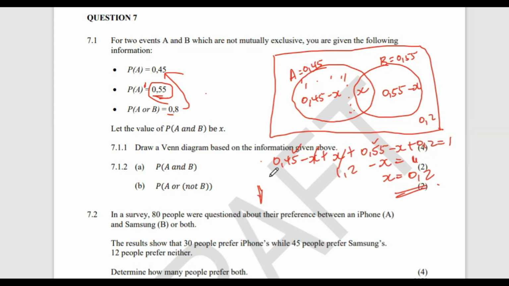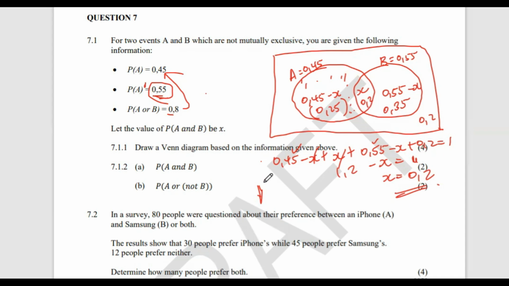What that means is, if I have 0.2 as my X, I'll subtract. This is going to be 0.25. Okay, subtract, I'll get 0.35, just as what we had done initially there. Okay, it's fine.